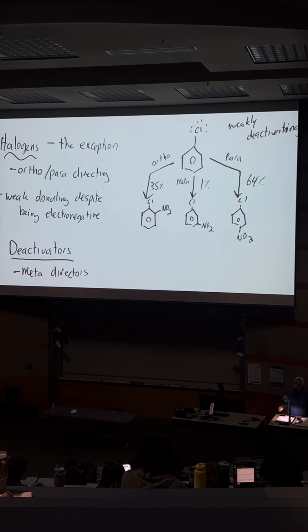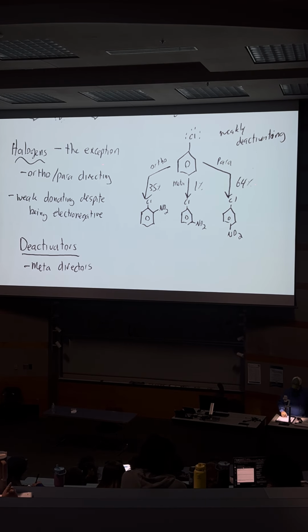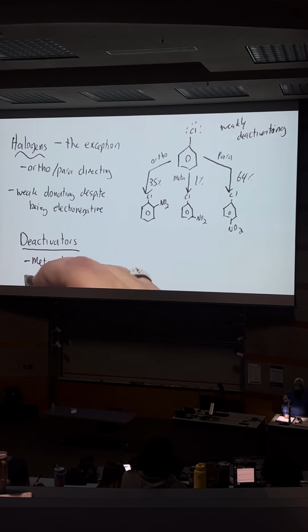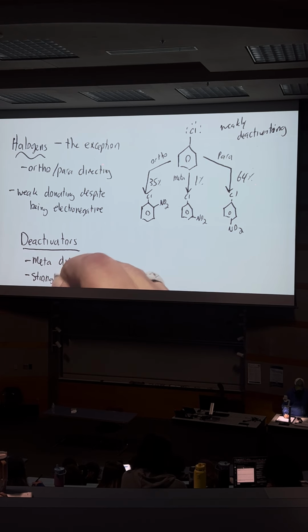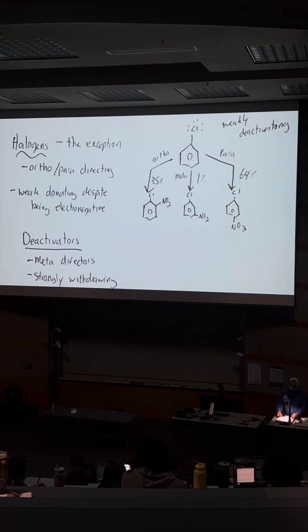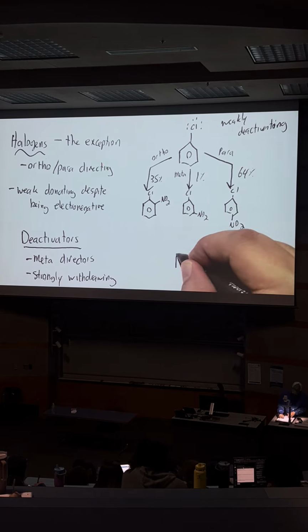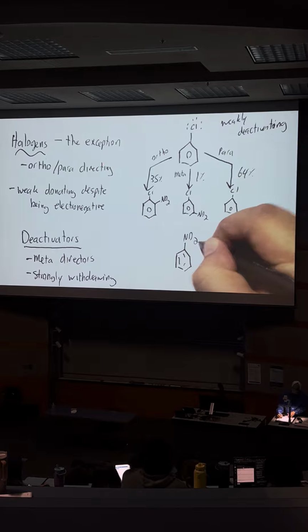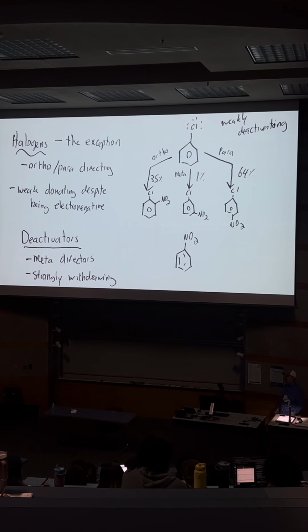And these examples of meta directors are strongly electron withdrawing. And the textbook example would be the nitro group. The nitro group would be strongly electron withdrawing.